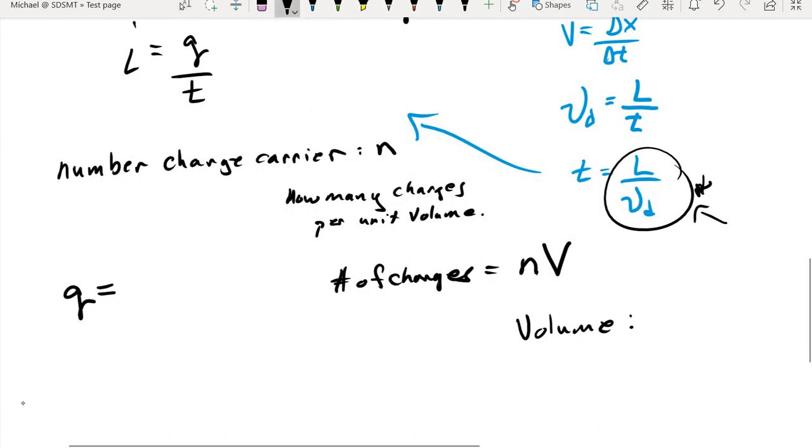So the number of charges available now becomes nAL, where the volume was AL. Okay, so this tells us how many charges there are, but it doesn't tell us how much charge.